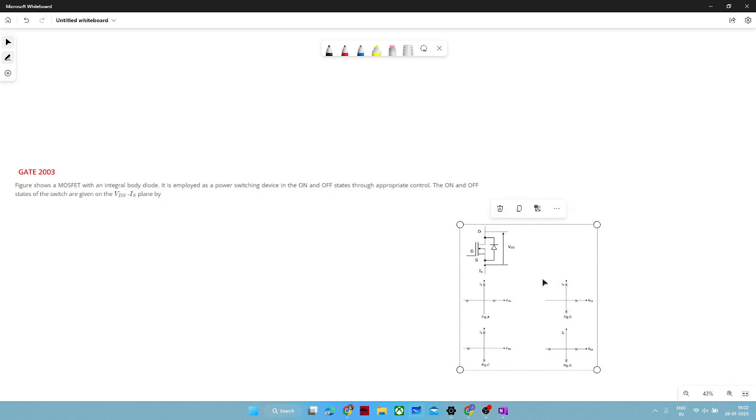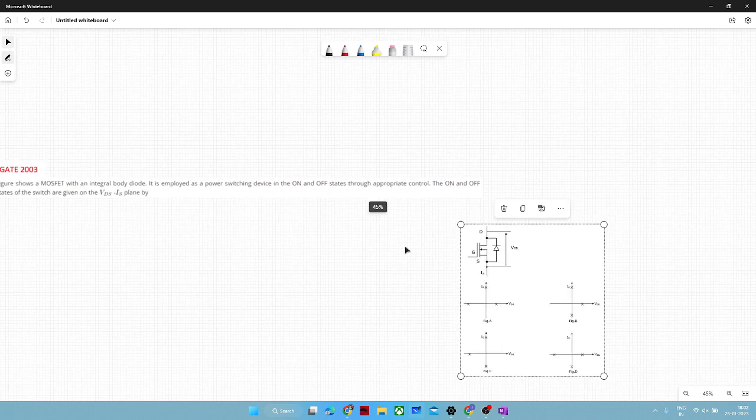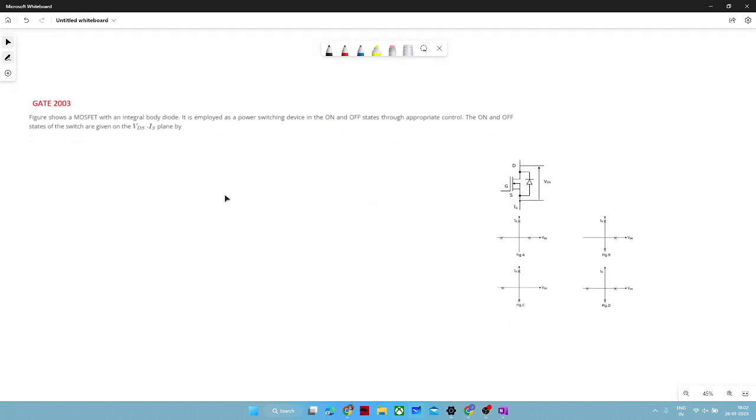So we need to find the appropriate option, and then we need to conclude it. In this MOSFET, it is also mentioned that this MOSFET has an integral body diode.